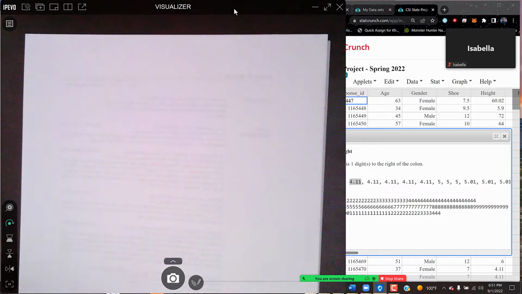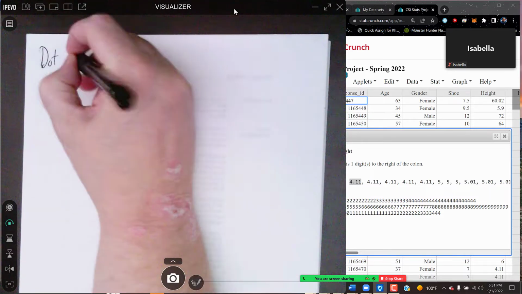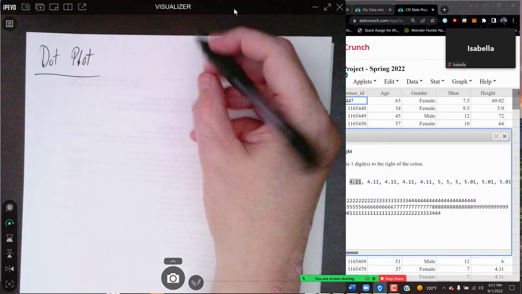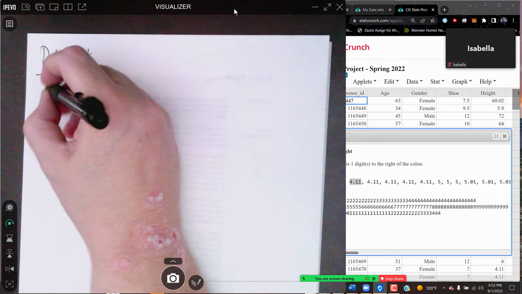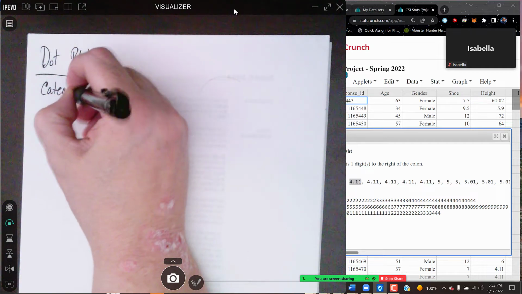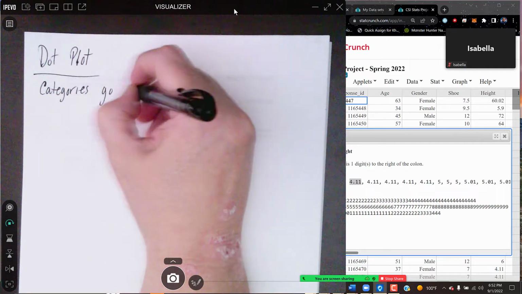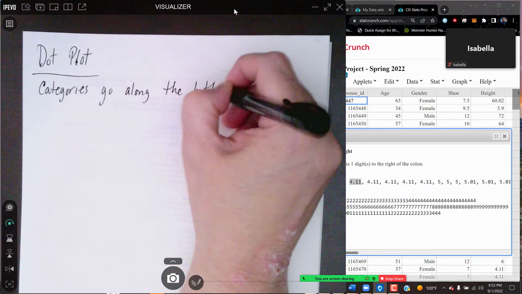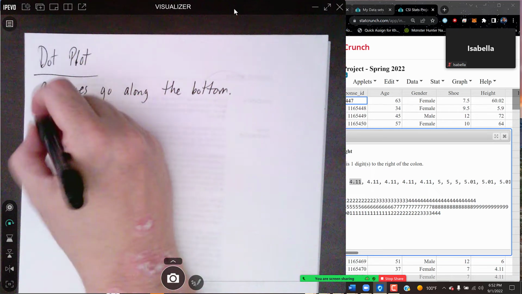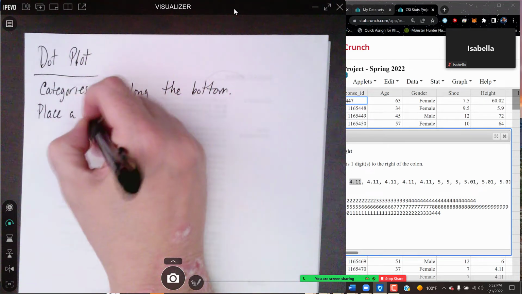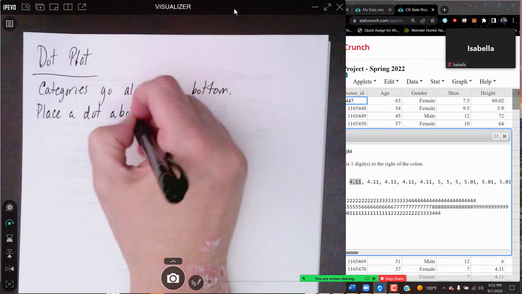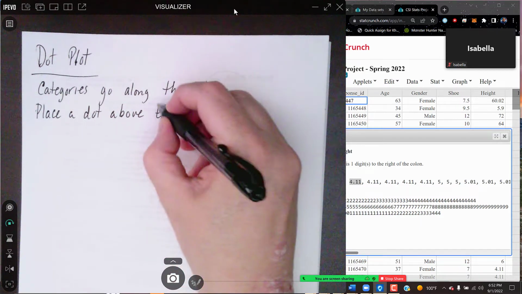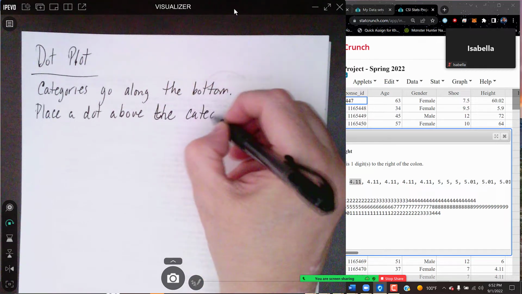So, the dot plot. Categories go along the bottom, and we place a dot above each category for each entry.